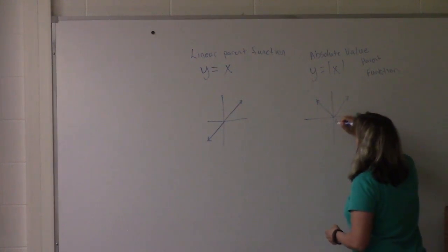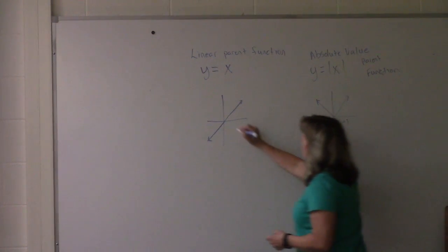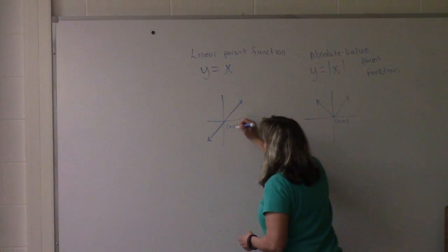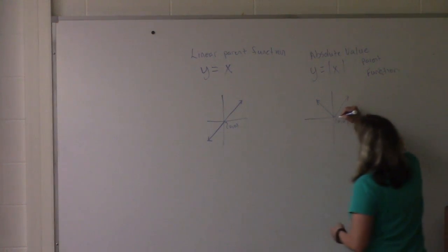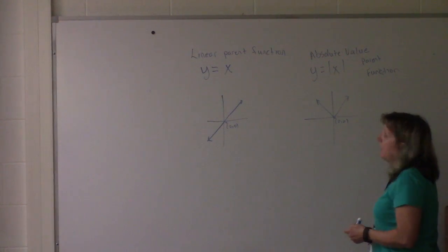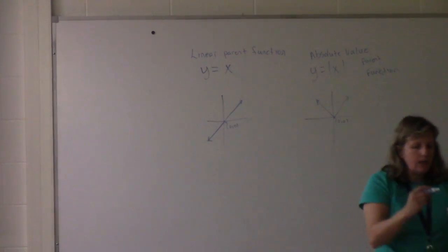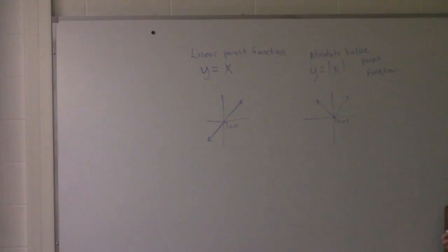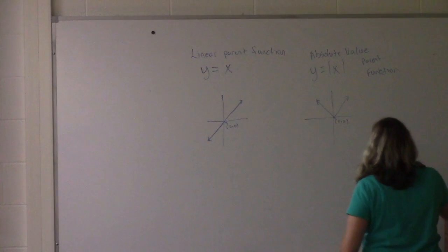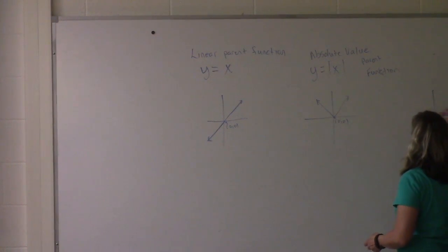It goes through 0, 0 right here. You guys have dealt with parabolas in Algebra 2, which are quadratic parent functions. That one looks like this. This is a quadratic.